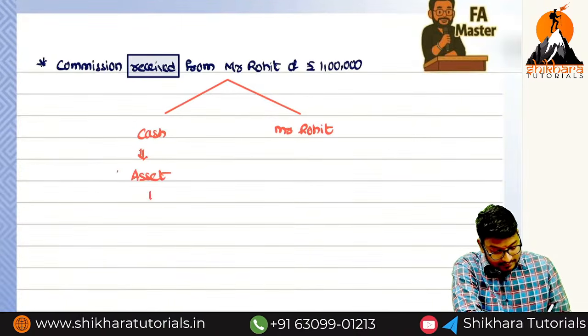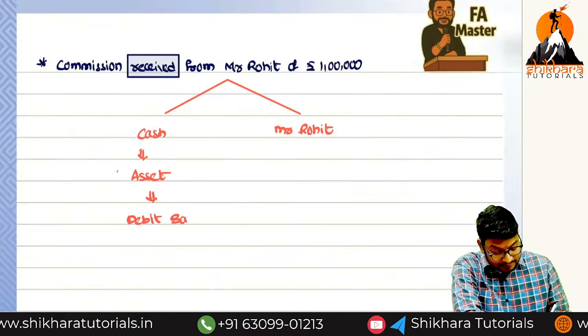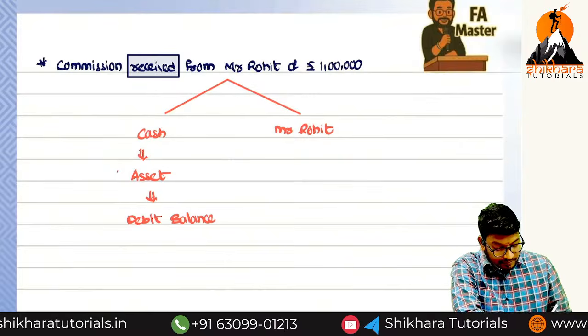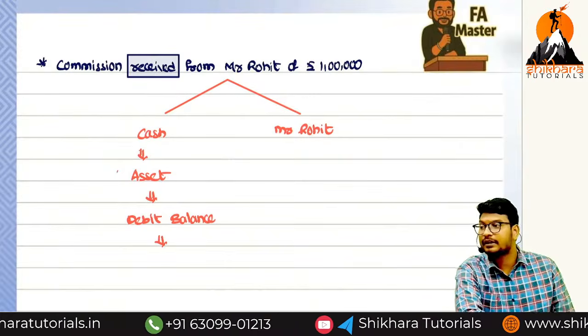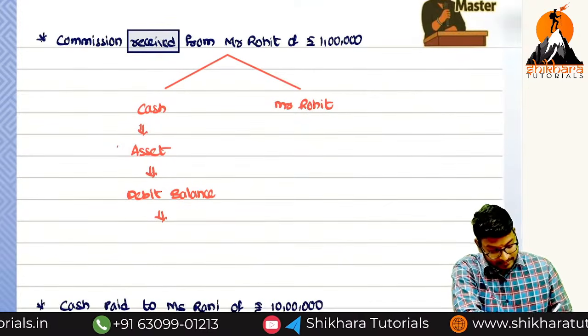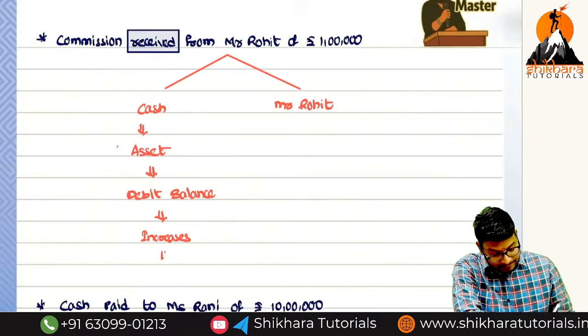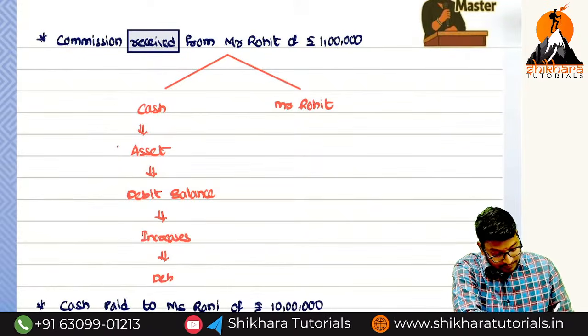Cash is an asset. We'll have which balance? We'll have the debit balance. Now, cash comes in or goes out? Comes in. If any asset comes into the business, the balance will increase. So debit balance increases means what we need to do?